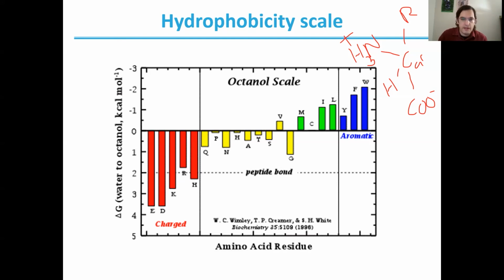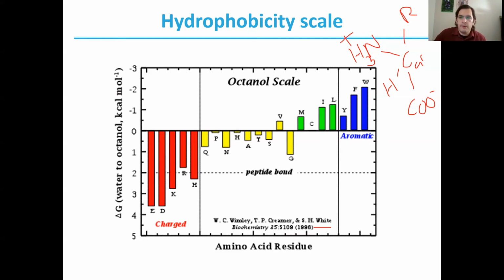So this scale here is actually showing the relative hydrophobicity of each of our amino acids. This is an experimental result from a paper done in the 1990s. The primary authors here were White and Wimley. They're the scientists that pioneered this work.